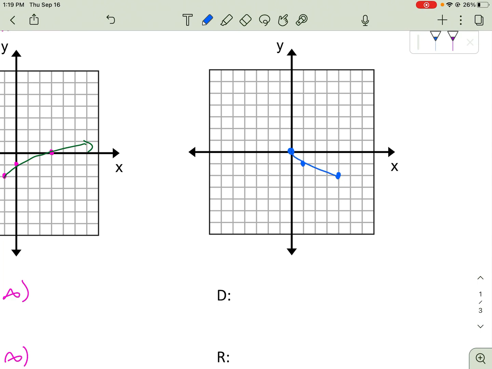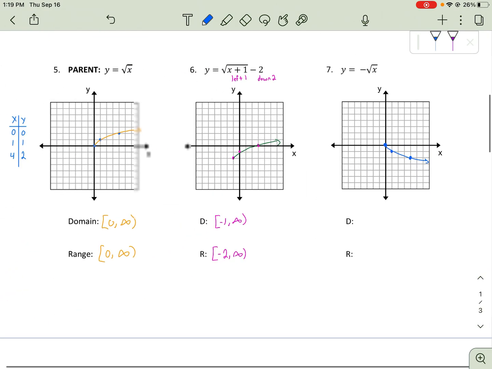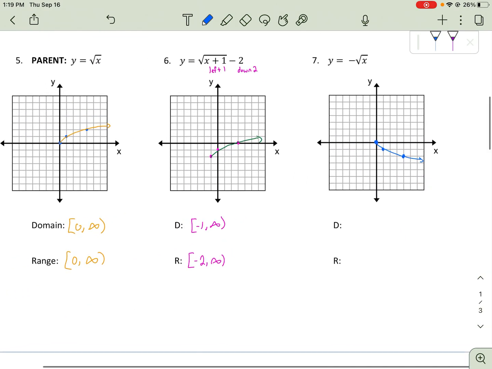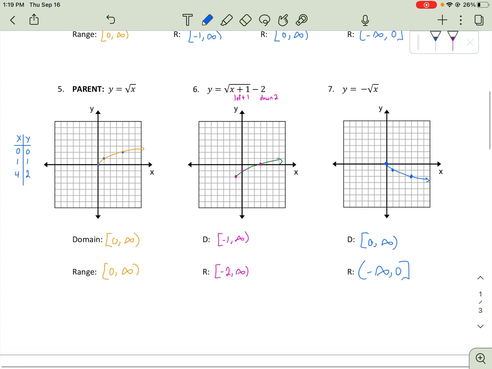All right, so there we go. And now our domain is still 0 to infinity. That didn't change. But now since the graph is upside down, our range actually goes down forever, like this graph continues in a downward motion, and only goes up to 0. So that's -infinity to 0 for the range of that one.